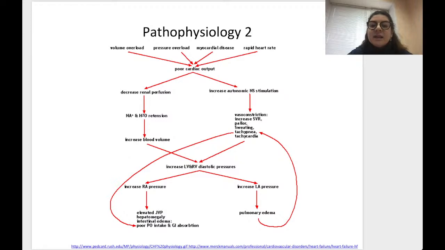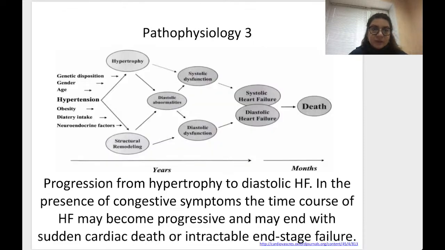And increased left atrial pressure leads to pulmonary edema that, like a pathological cycle, leads to more stimulation of the sympathetic nervous system, worsening pressure in the left atrium, and worsening symptoms of left heart failure.